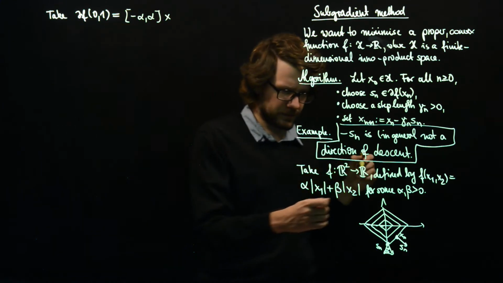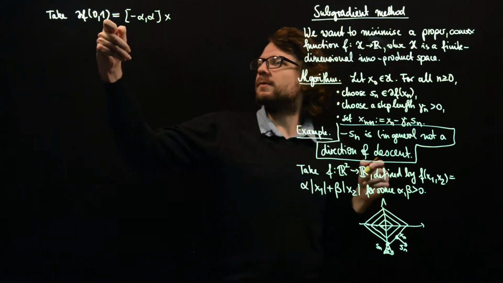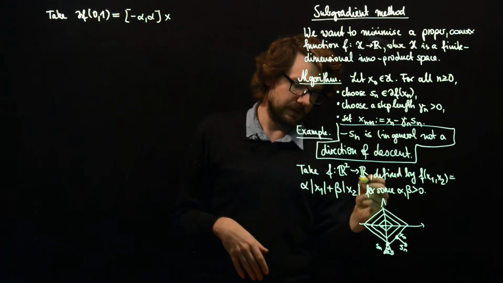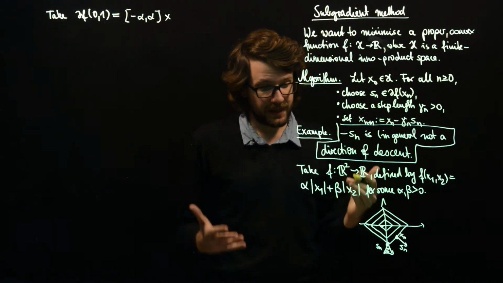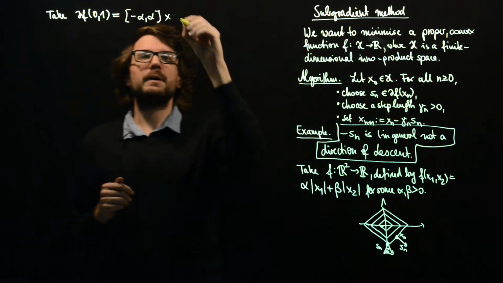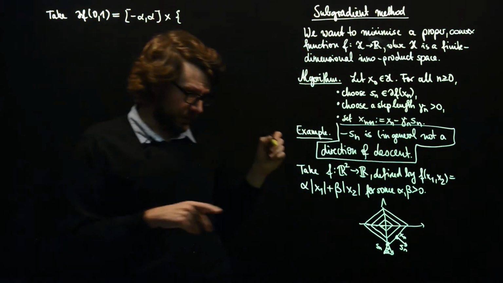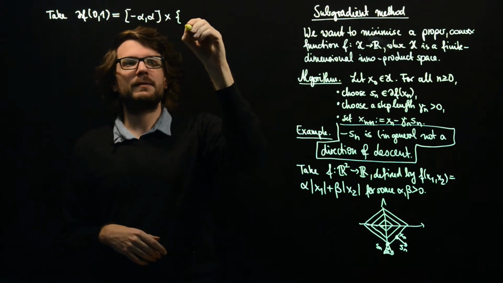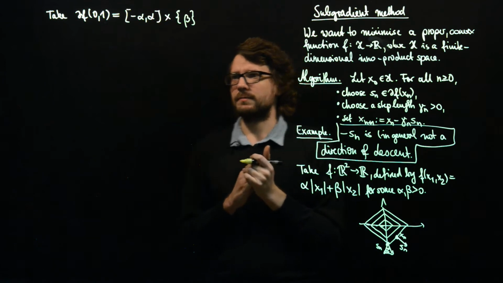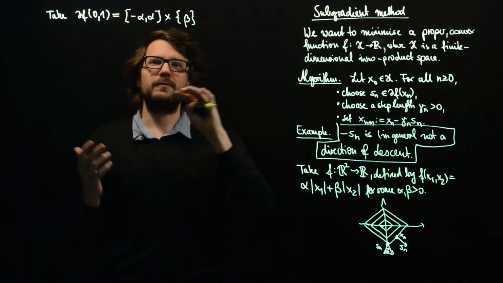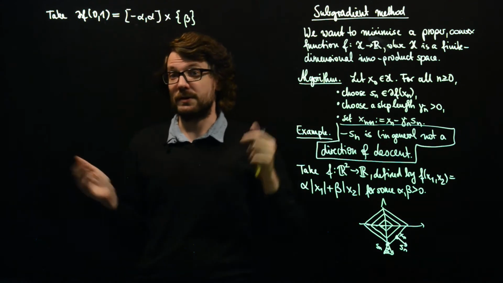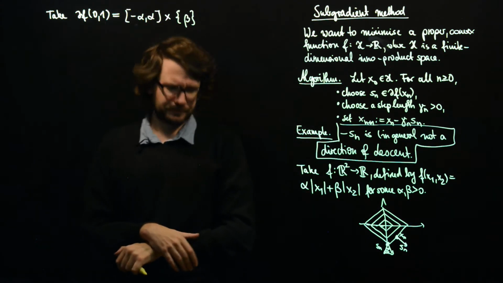And for the second component, you just have a positive value here. So this is differentiable with respect to x2, and the derivative will be 1. Since you multiply this with beta, the derivative will be just beta. So this is the set of all pairs where the first component is between minus alpha and alpha, and the second component is exactly equal to beta.